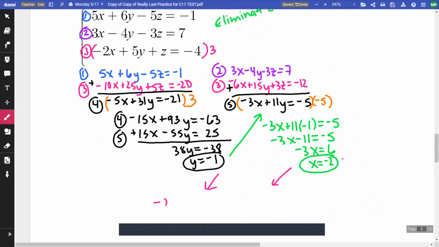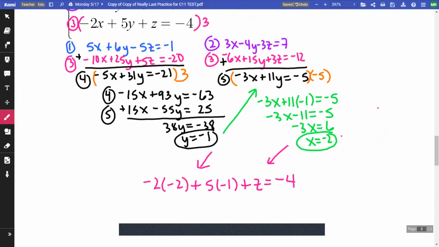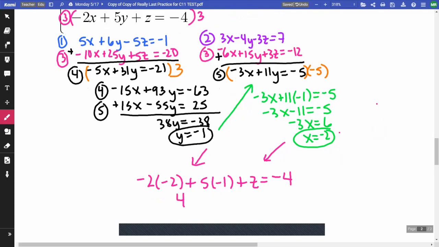So I'm going to have negative 2 times negative 2 plus 5 times negative 1 plus z is equal to negative 4. So that's going to be 4 minus 5 plus z equals negative 4. So negative 1 plus z equals negative 4. And when I add 1, my z is going to be negative 3.